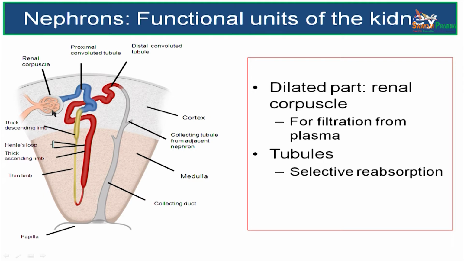So, nephron consists of a dilated part which is called renal corpuscle. This is renal corpuscle. What is it for? It is for filtration from plasma, and the tubules are for selective reabsorption. These are the two parts of the nephron, dilated renal corpuscle and tubules.